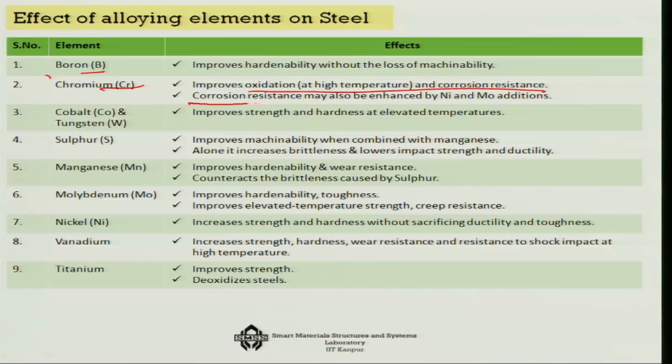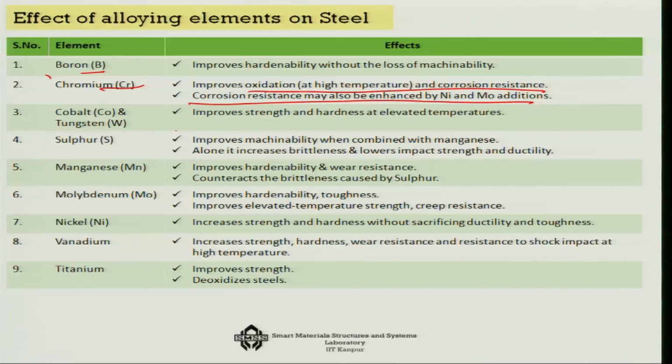Corrosion resistance may also be enhanced by nickel and molybdenum addition. Now, boron, very interestingly, even though it is an inorganic material, is used for making even composites, which I will talk about later on, used for making materials like space shuttle, because it has very good high temperature property.